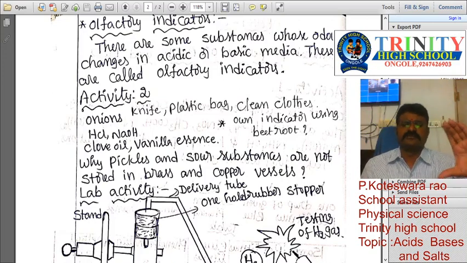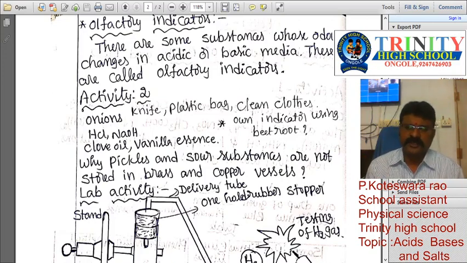So that is beetroot filtrate. Now what do we want to do? Take one filter paper and dip it into that beetroot filtrate solution. Then it changes into red or pink color.